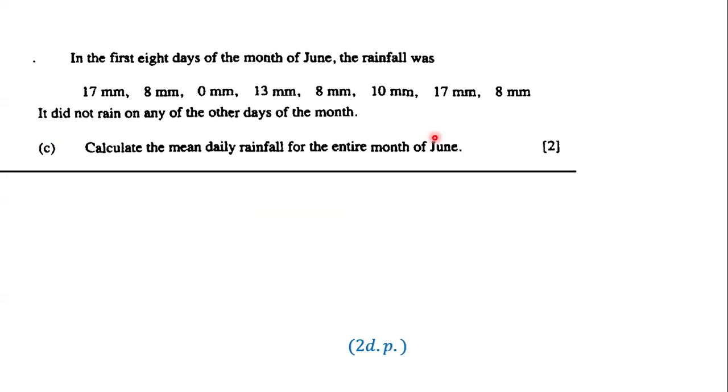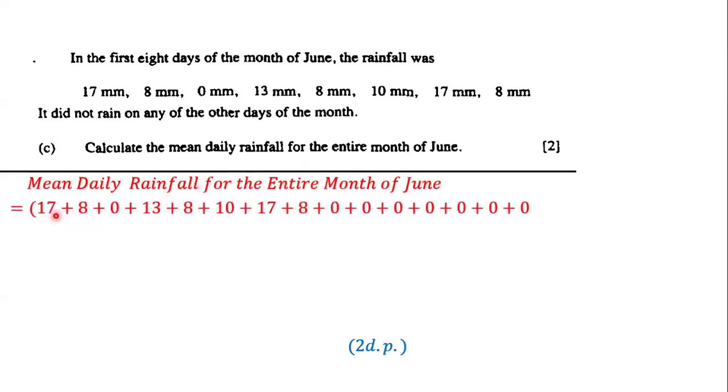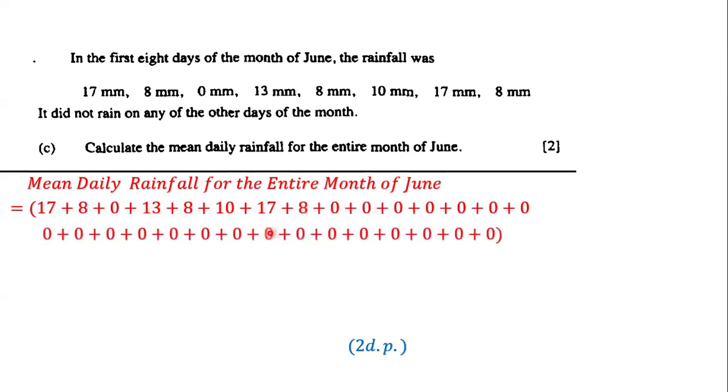So the first 8 days, it was 17, 8, 0, 13, 8, 10, 17, and 8. Remember, after that, it didn't rain anymore. So that means that the rest of the data values are going to be 0, for the entire month of June, because it's 0 millimeters of rain after the first 8 days. And so we put zeros here and we divide that by 30.